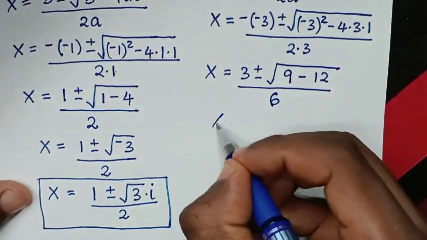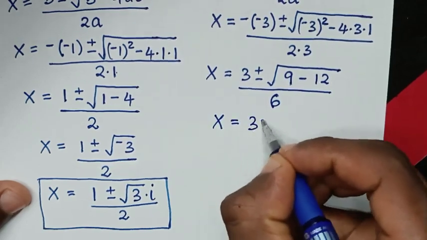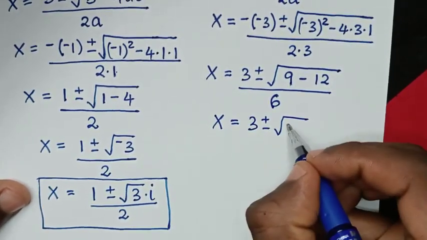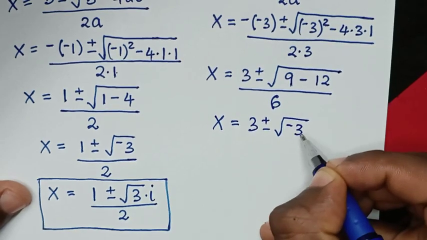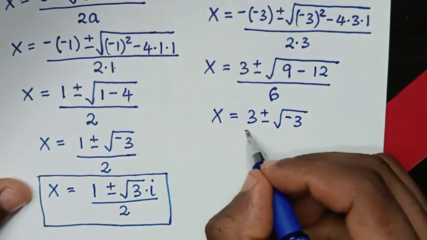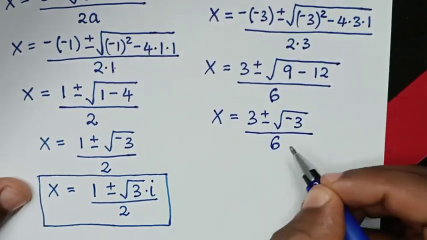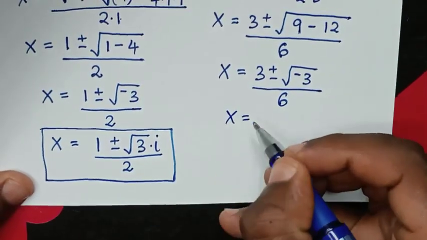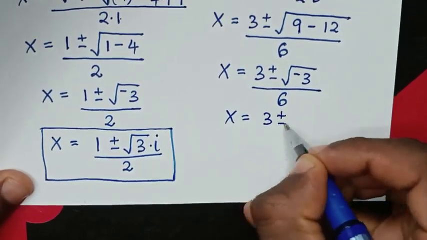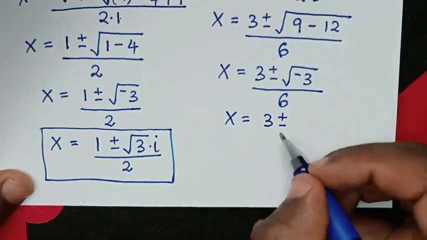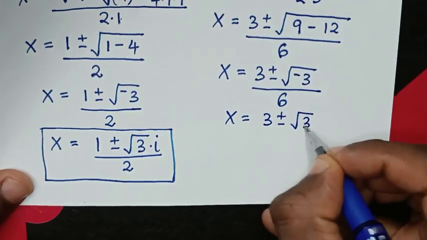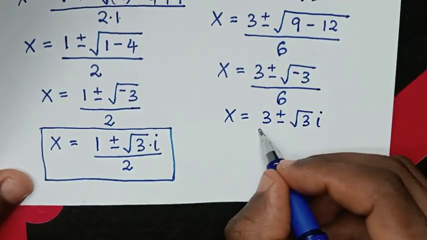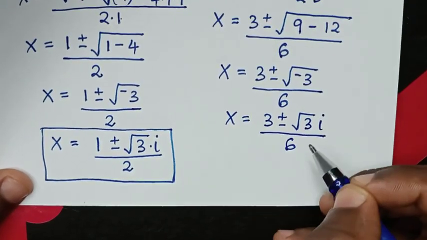Then it will be x is equal to 3 plus or minus square root of 9 minus 12 is negative 3, over this 6. Then it will be x is equal to 3 plus or minus square root of negative 3, it is square root of 3 times square root of negative 1, which is i, then over 6.